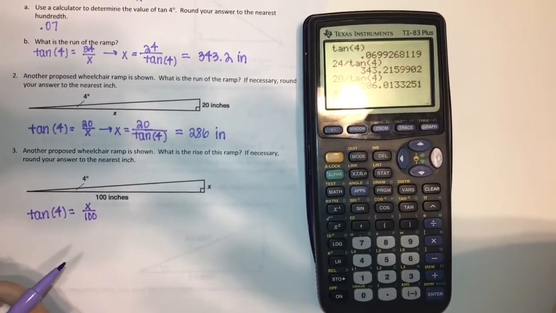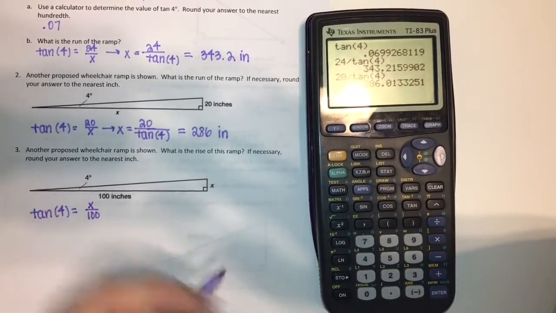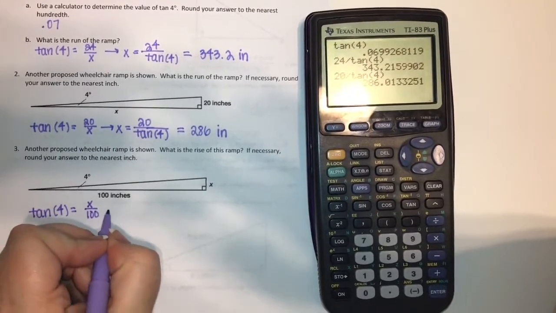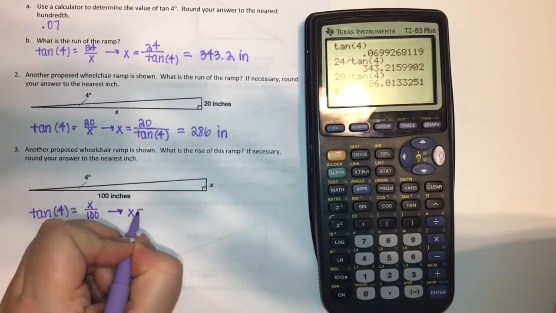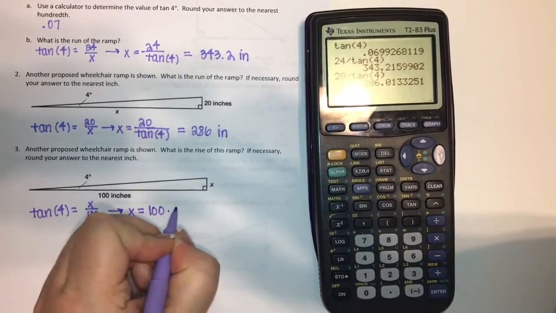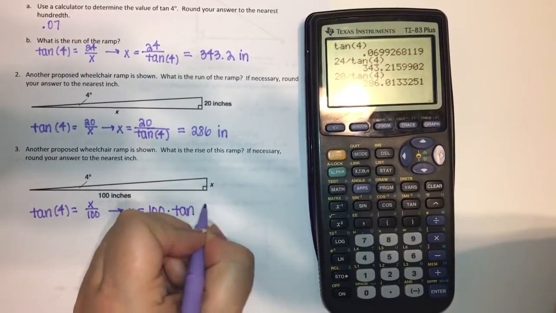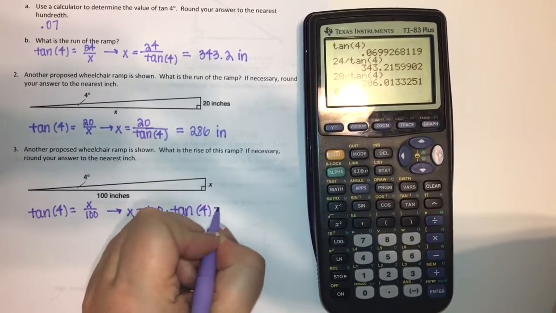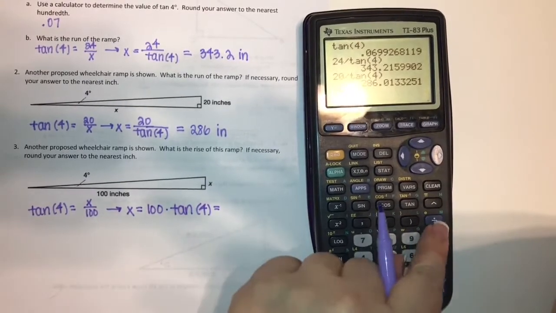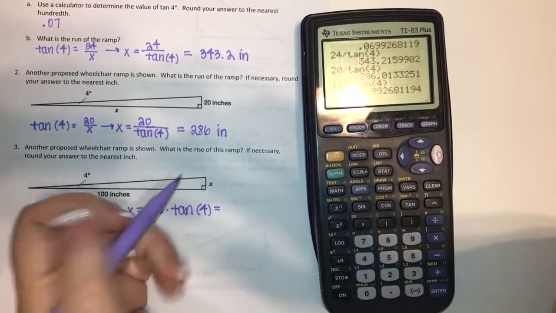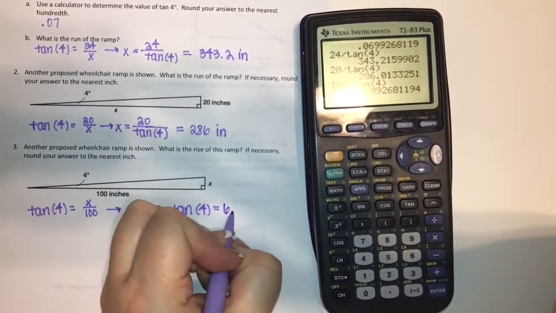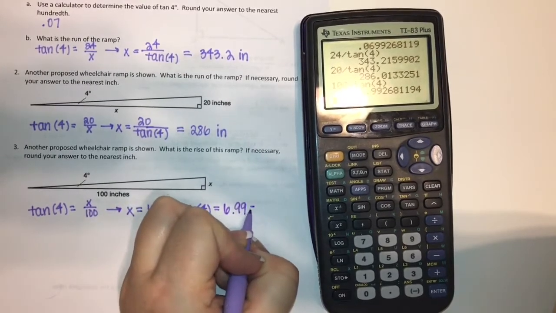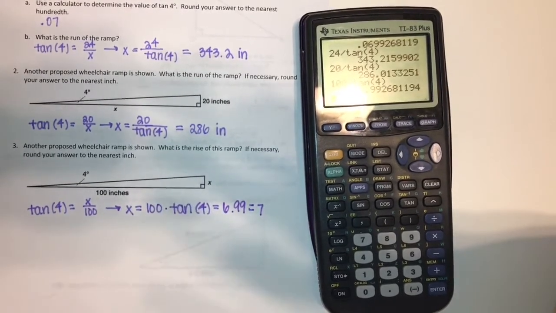So again, refer back to the paper with all the notes. And x is going to equal 100 times tan of 4. And in my calculator, I get 6.99. That would round to 7 inches.